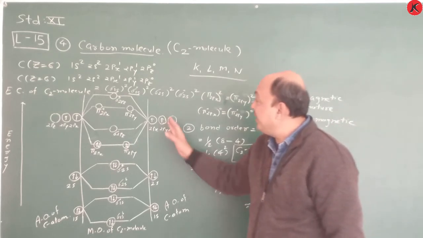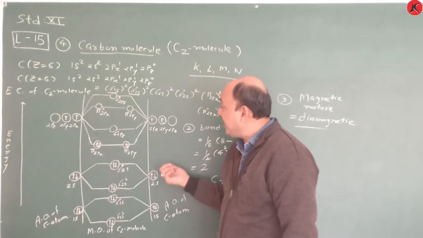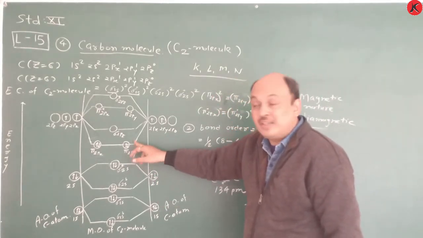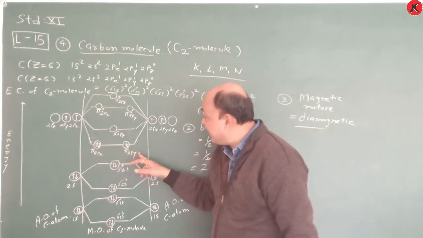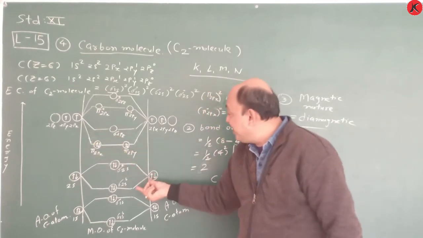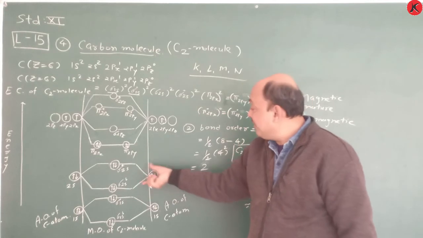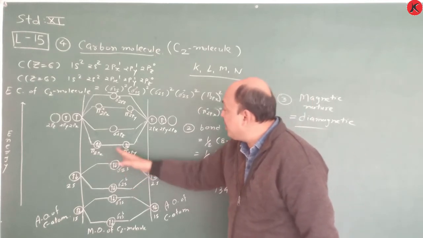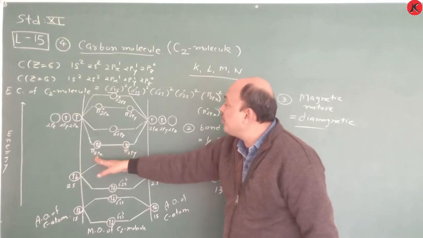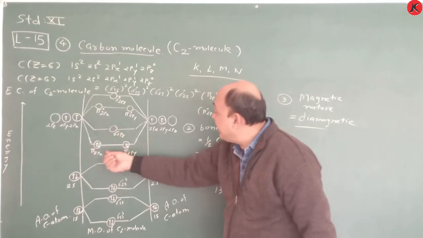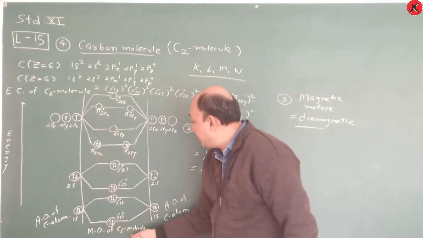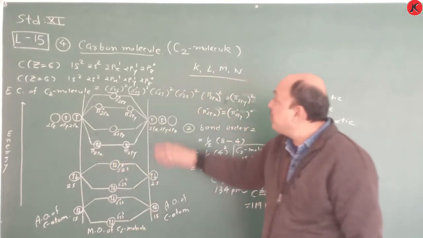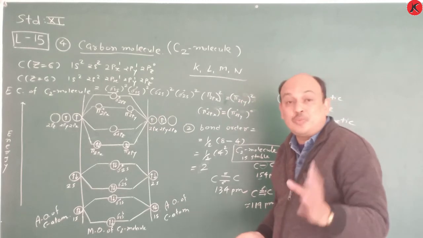Remember this one. This is a very easy topic. Write it completely according to your NCERT textbook, and to remember this one, the pi bond is formed due to electrons entering the molecular orbitals of the C2 molecule, pi 2px and pi 2py. Okay, so write it completely, and now we switch towards the N2 molecule.